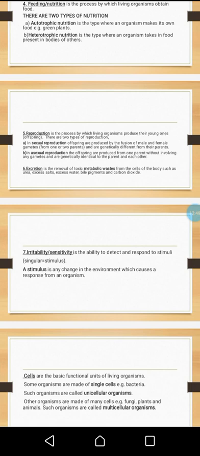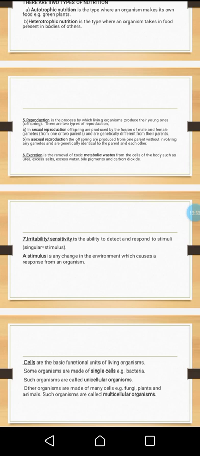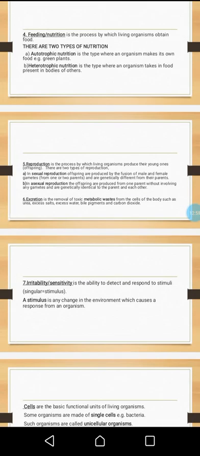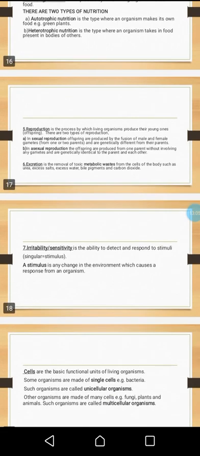For example, a human being, animals like cattle, they feed, they do not make the food in their own bodies, they just get food from the environment, while plants make their own food using carbon dioxide and water in the presence of sunlight and chlorophyll to make complex food substances called carbohydrates or sugars.